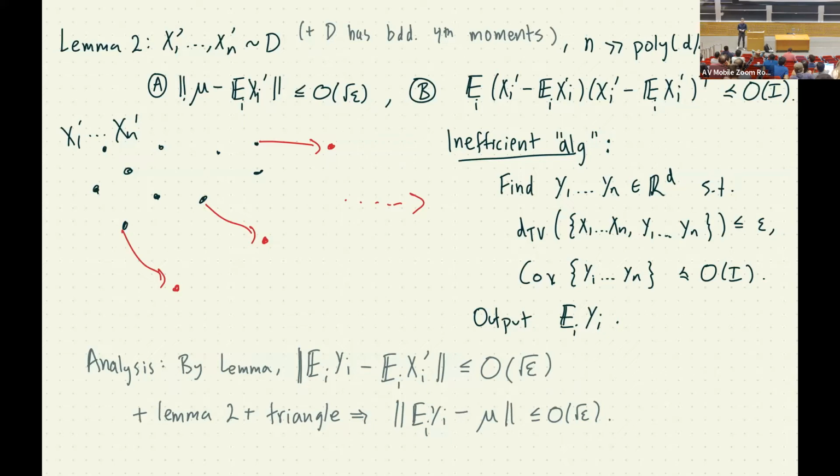Yeah, nice question. The question was, what value of epsilon should we think of for this to make sense? You could think of epsilon, if you like, as a very small constant, like 0.01. Or you could think of it as something that's slowly going to 0, but independently of the dimension. How you shouldn't think of it is as 1 over a polynomial in the number of samples.